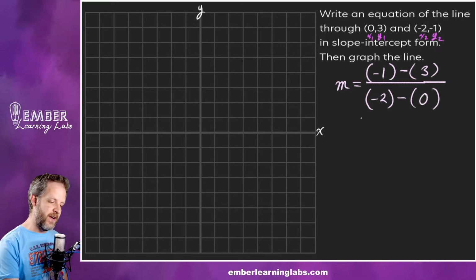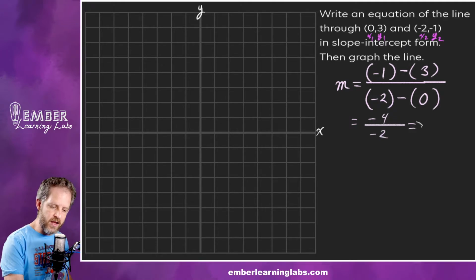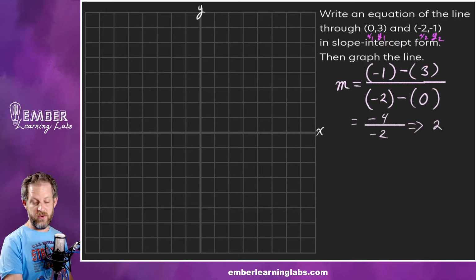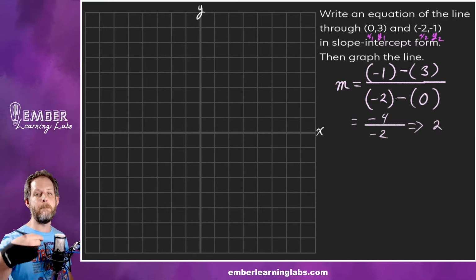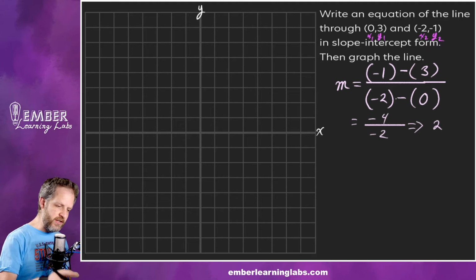Now we're going to simplify this on down. -1 minus 3 is -4. And -2 minus 0 is still -2. And so this simplifies to +2, right? Because -4 divided by -2 is +2. Negative divided by negative have the same sign, so it comes out positive. So there is our slope.